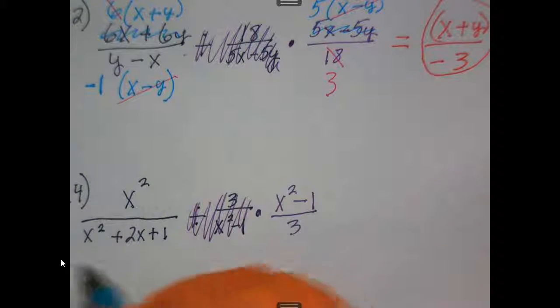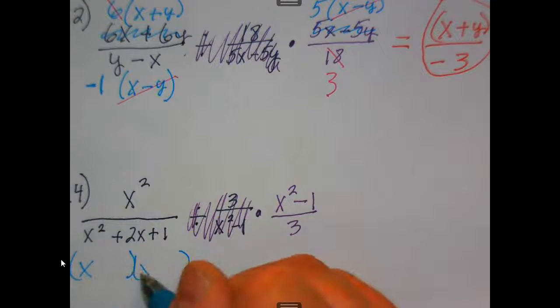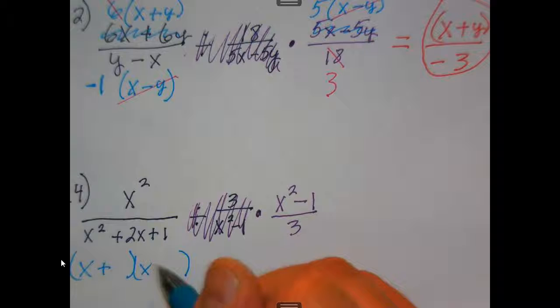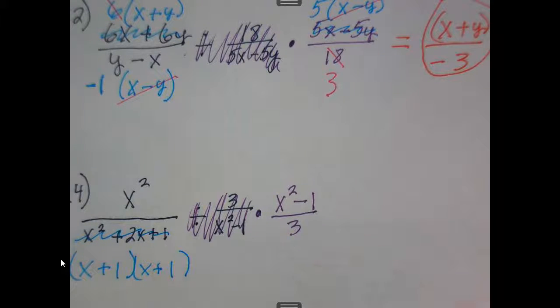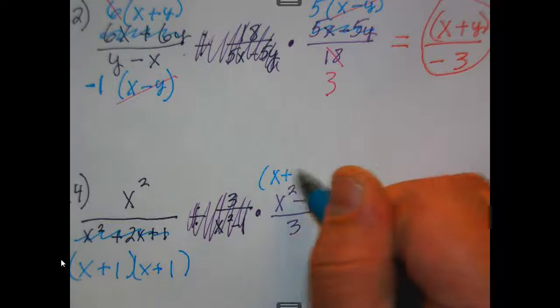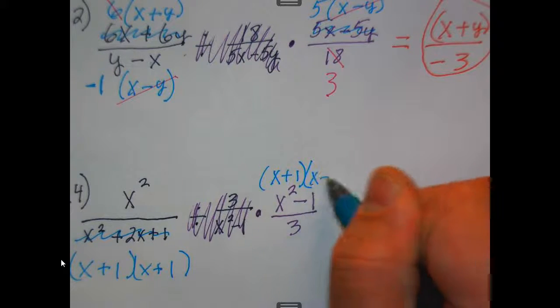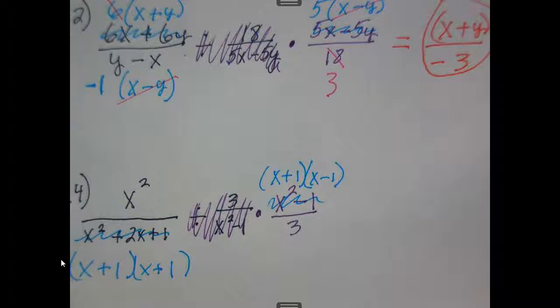Factor. X times x plus 1, x plus 1. This is a difference of squares, x plus 1, x minus 1. Cancel.